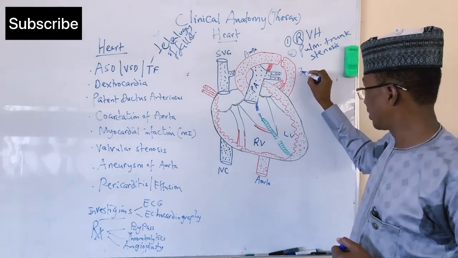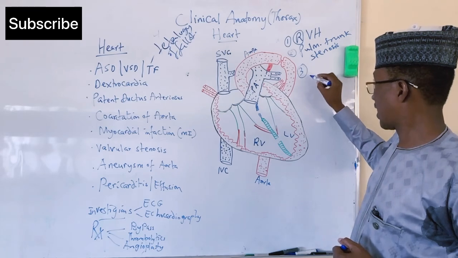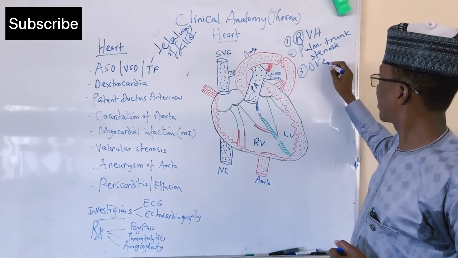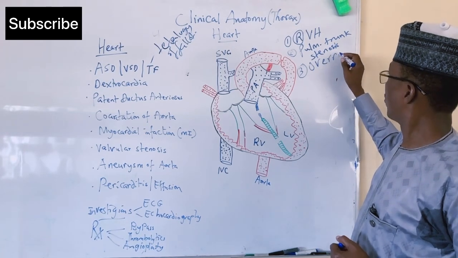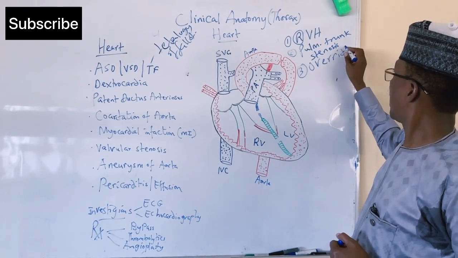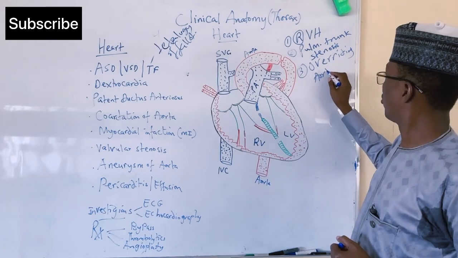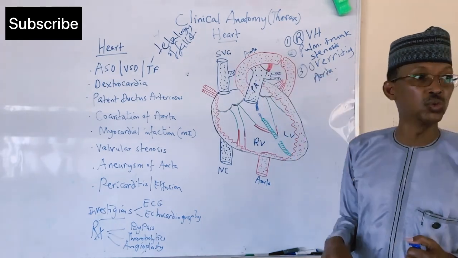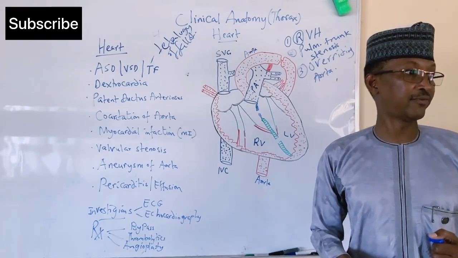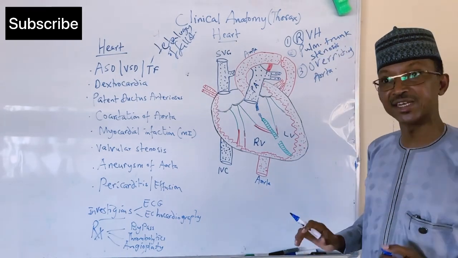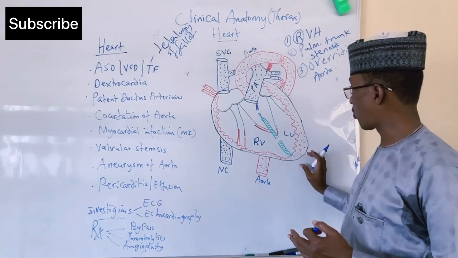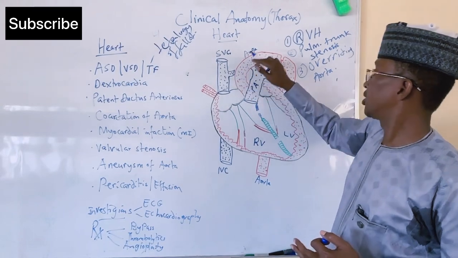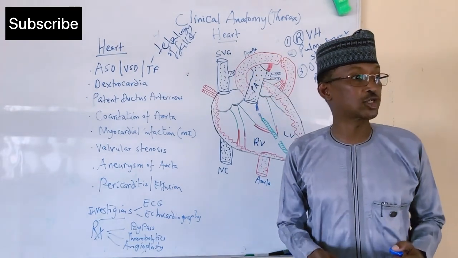The third one is what we call overriding aorta. So what do we mean by overriding aorta? Normally the aorta opens up into the left ventricle, because as soon as the heart contracts, it pumps blood directly into the opening of the aorta to distribute the blood into different parts of the body.